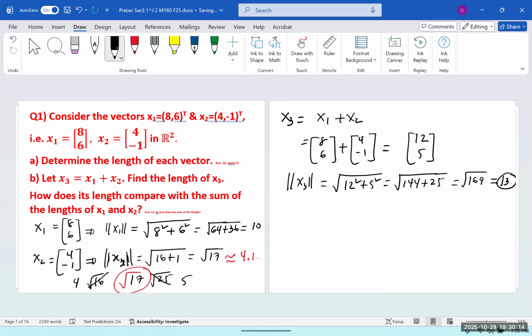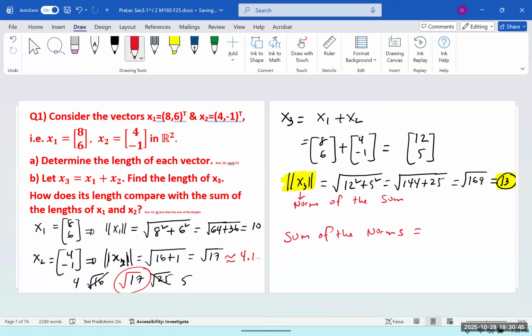So we found the individual lengths. This is the norm of the sum. And now they're saying compare this with the sum of the norms.